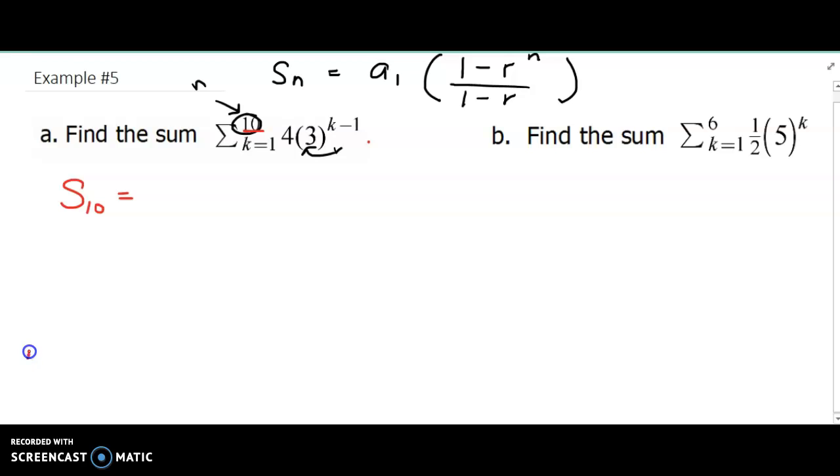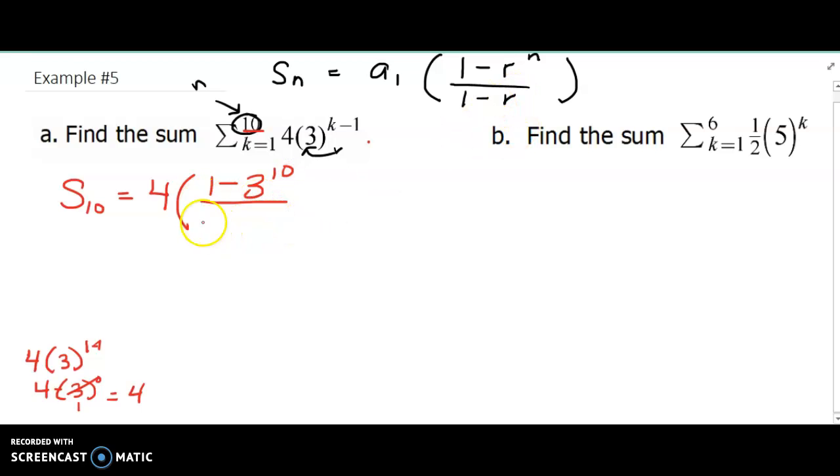Now, I can find a sub 1 by just plugging in 1 for k, so 4 times 3 to the 1 minus 1, or 4 times 3 to the 0 power. Remember, 3 to the 0 power is just 1, so this is 4. So my a sub 1 is 4 times, parentheses, 1 minus r to the n, so 1 minus 3 to the 10th, over 1 minus my r, which is 3.